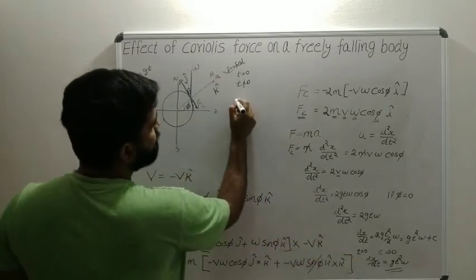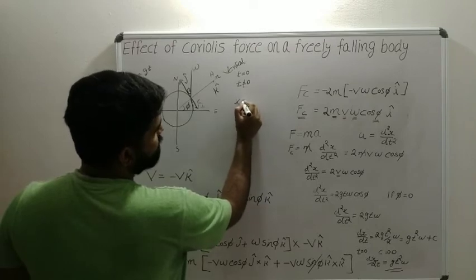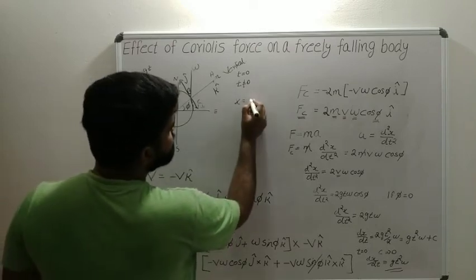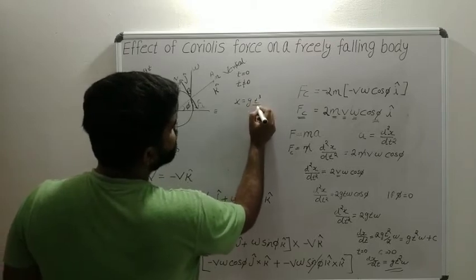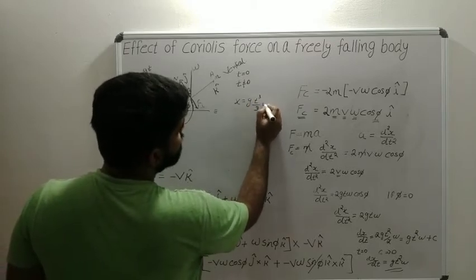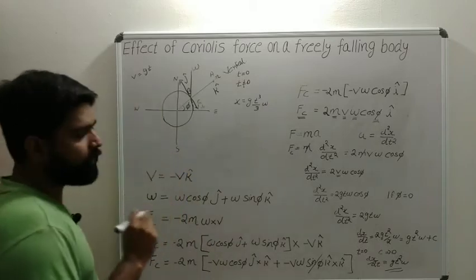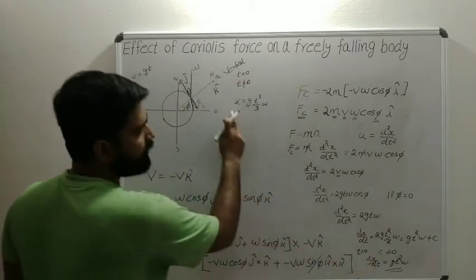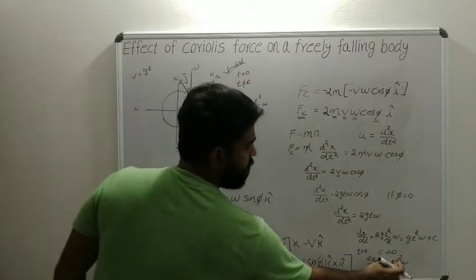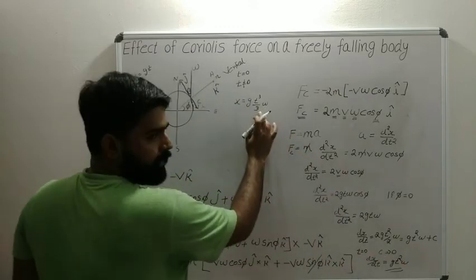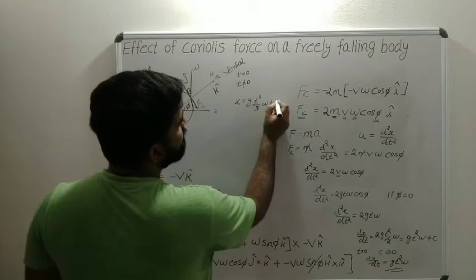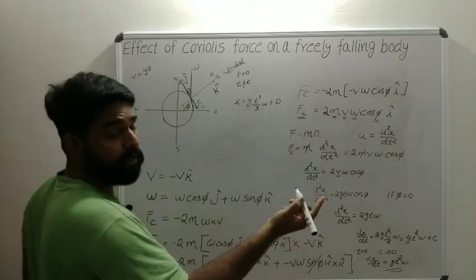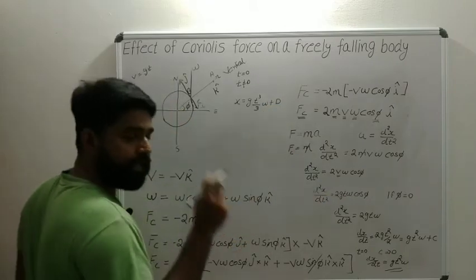Then we get x is equal to g t cube by 3 omega plus another constant d.